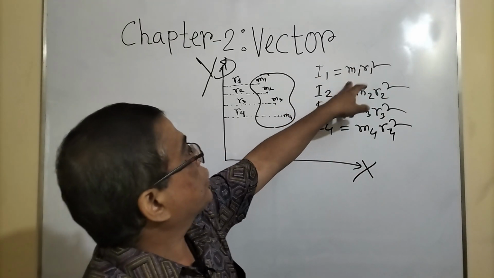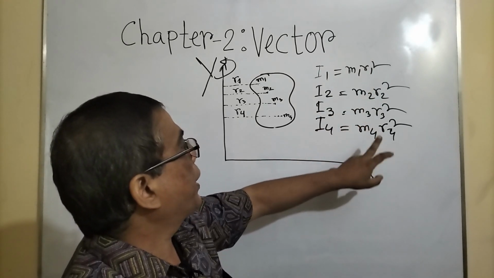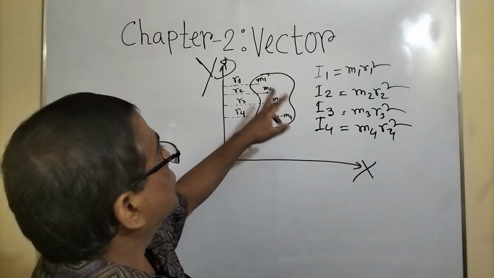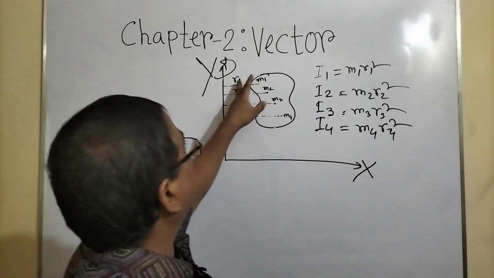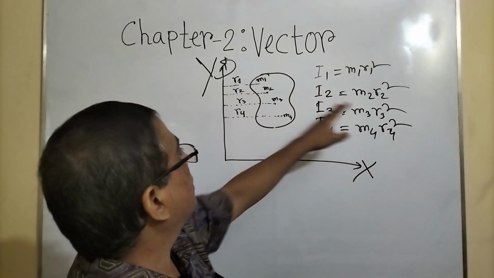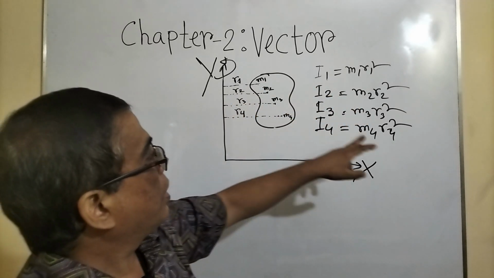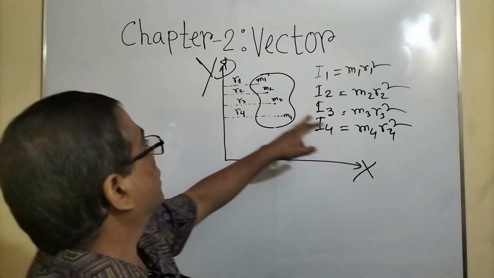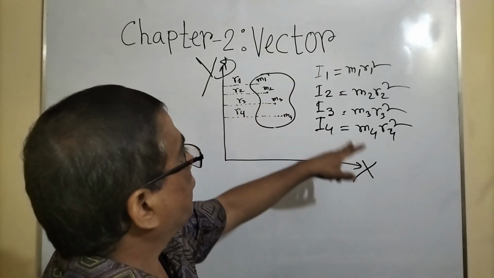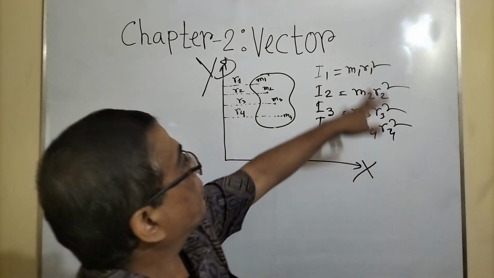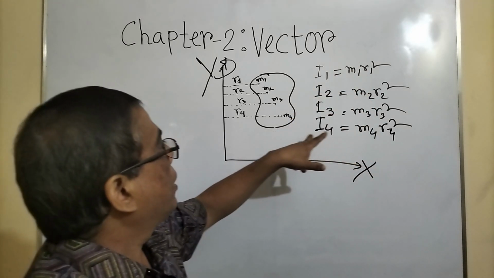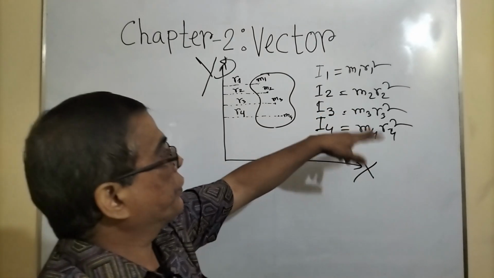Here we see that the moments of inertia of m1, m2, m3 and m4 particles are different, because the distance of m1 particle r1, m2 particle r2, m3 particle r3 and m4 particle r4 are different, and the masses of m1, m2, m3 and m4 particles may also be different.